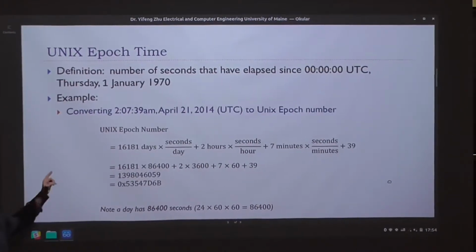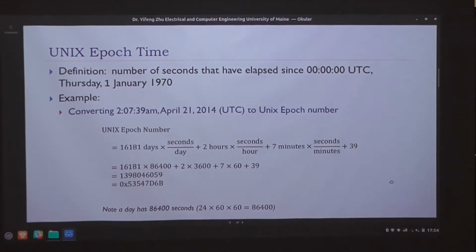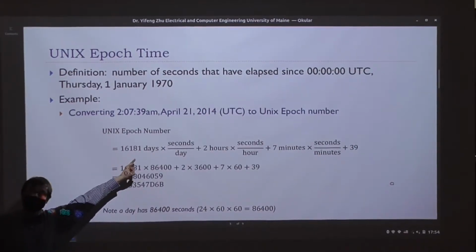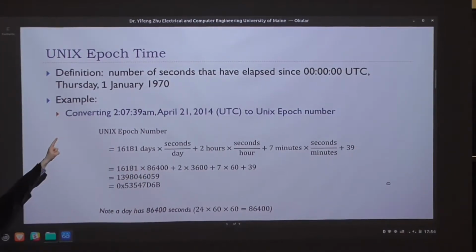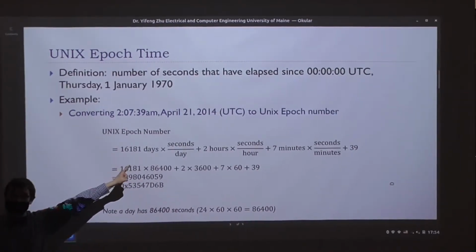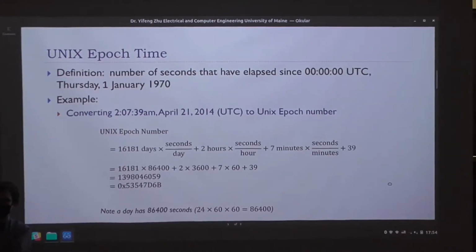So Unix epoch time does not take into account leap years or leap seconds. It's calculated in the number of days since January 1st, 1970, regardless of how that breaks into months or even years. So day is the primary unit.